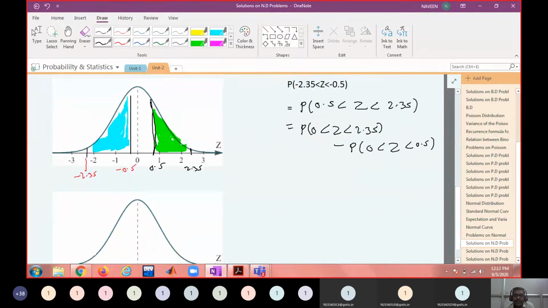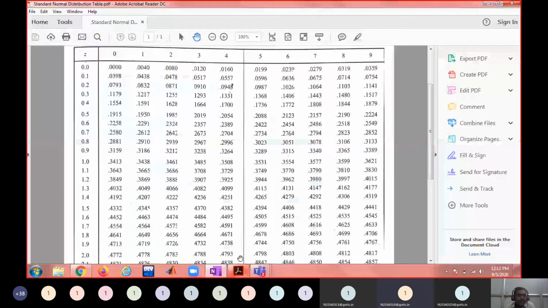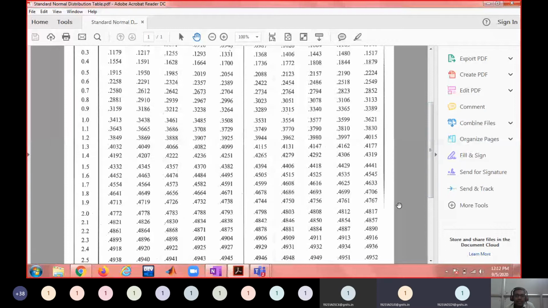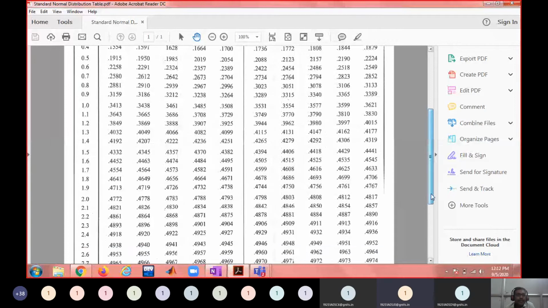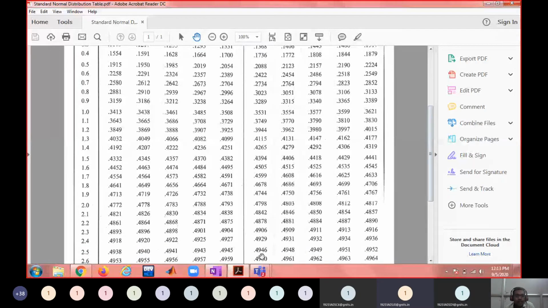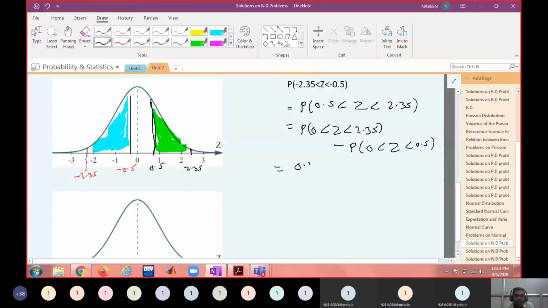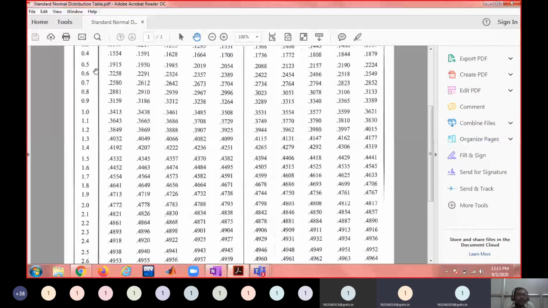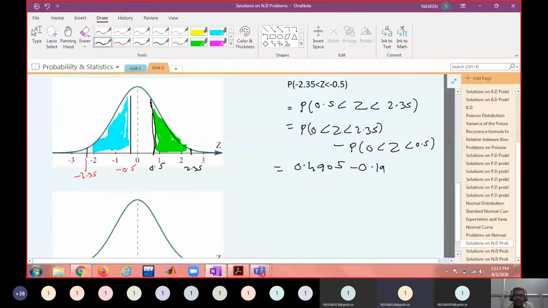Again, look at your distribution table and find the 0 to 2.35 value. 0.4906. 0.4906 minus the 0 to 0.5 value, 0.1915.